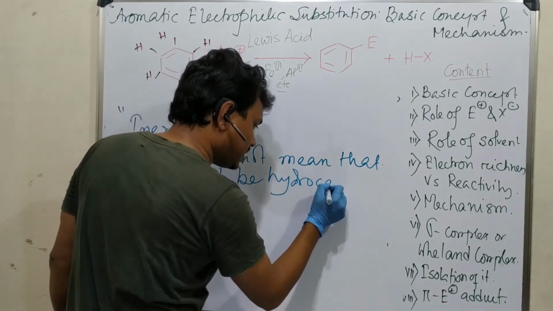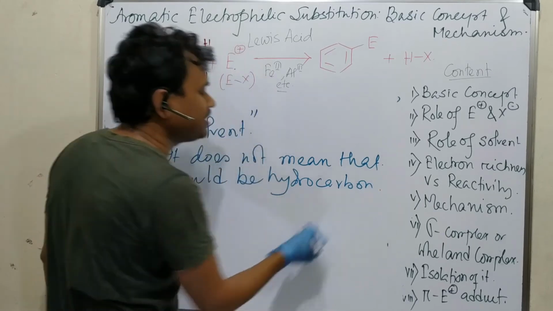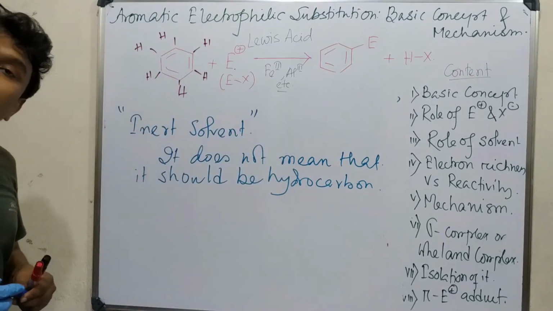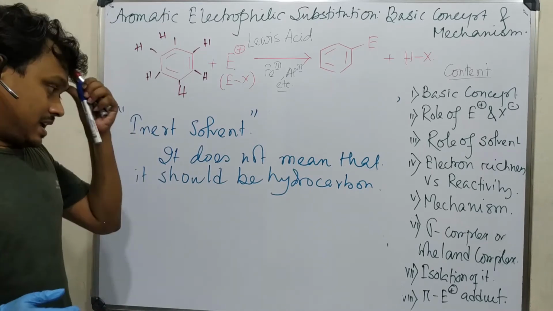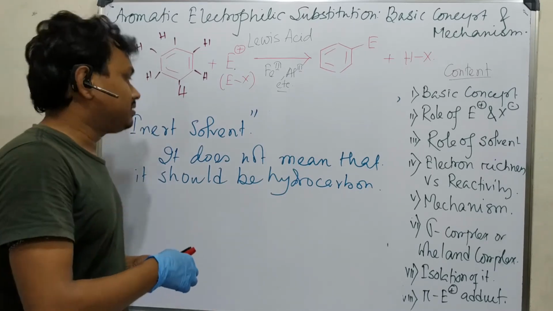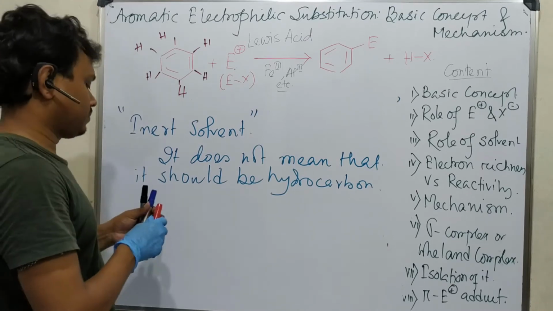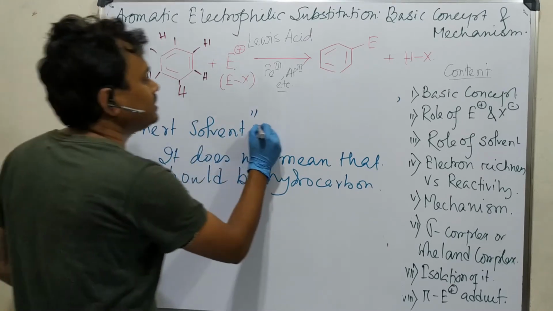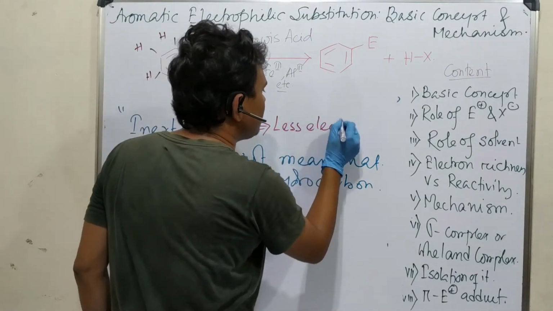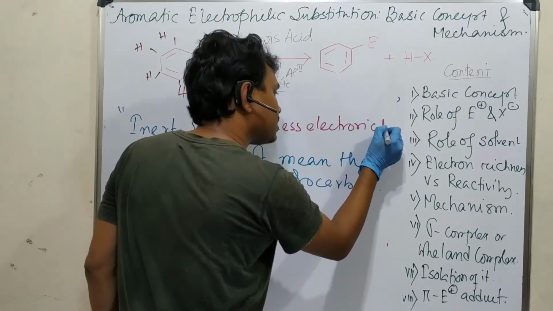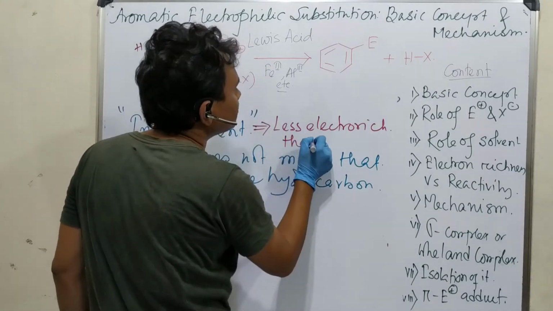Generally we say that inert solvent means hydrocarbon, because they don't react properly, but here the definition is a little different. Inert means less electron rich. So what is the meaning here? This indicates less electron rich than benzene.